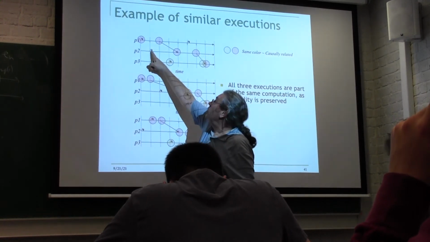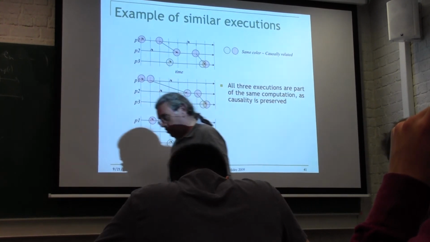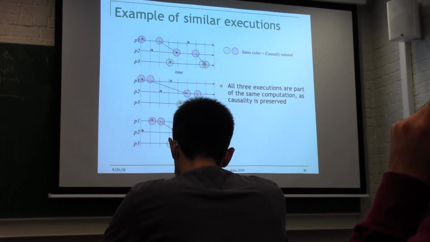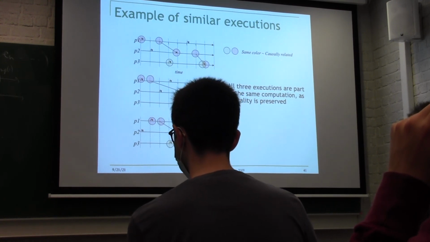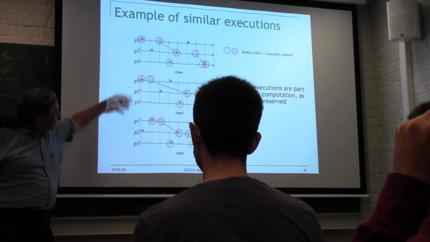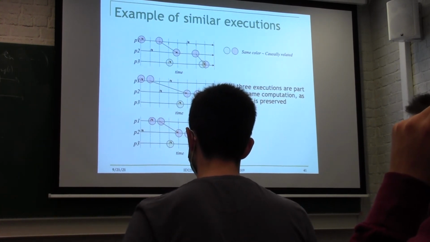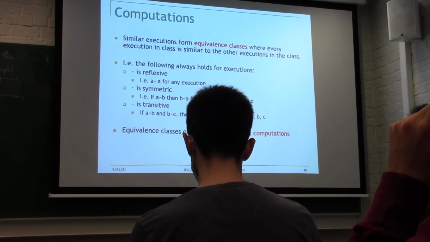Like this one is clearly concurrent. We can move it back and forth. So that means that similar executions, even though the messages are traveling differently, are actually doing exactly the same thing. So this is the example of 3 similar executions.